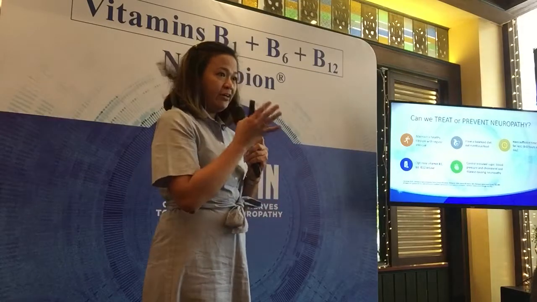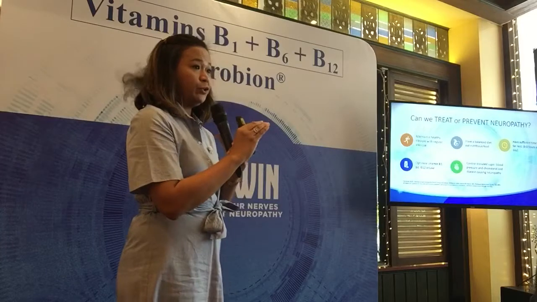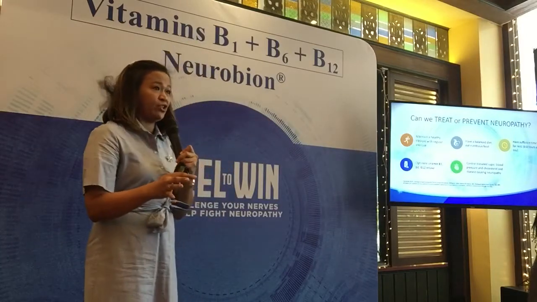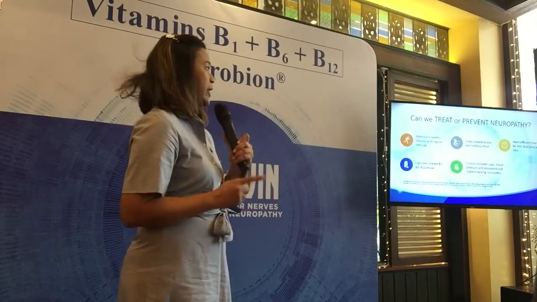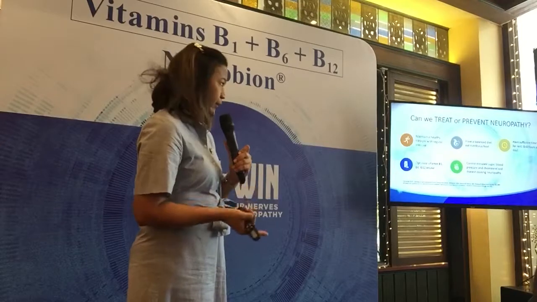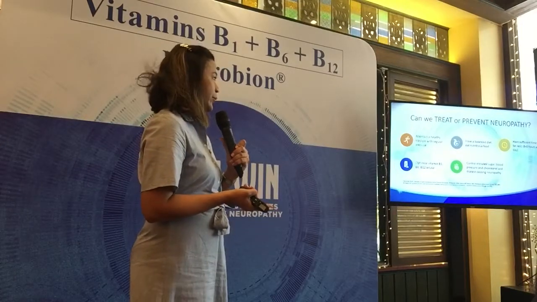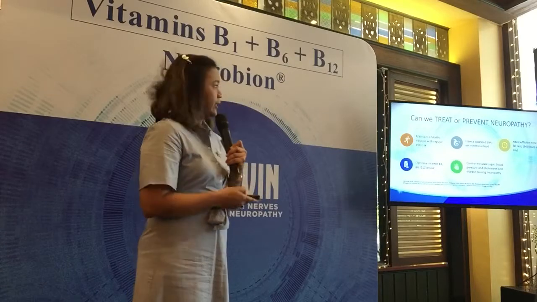Kasi from there, it will trickle. No? When your blood sugar is not controlled, then you have your complications. There's a lot of complications, and one of those is neuropathy. And blood sugar, blood pressure, cholesterol, and other diseases cause neuropathy.